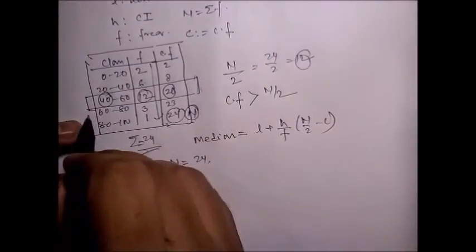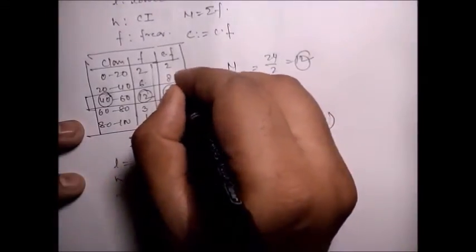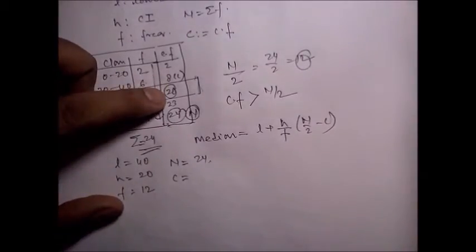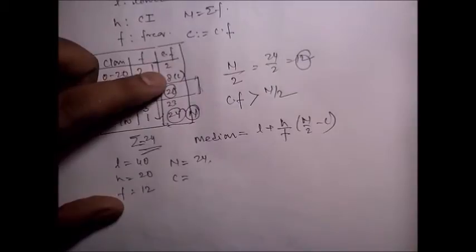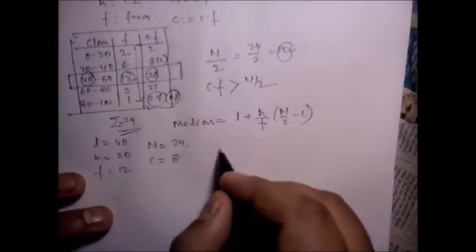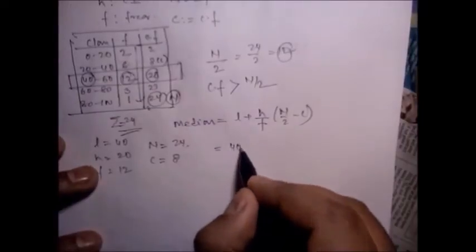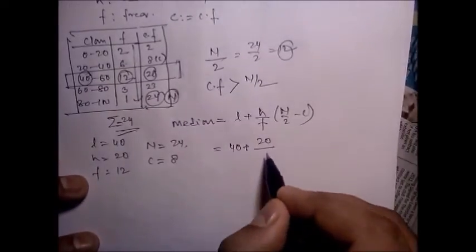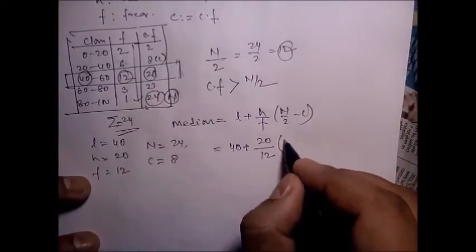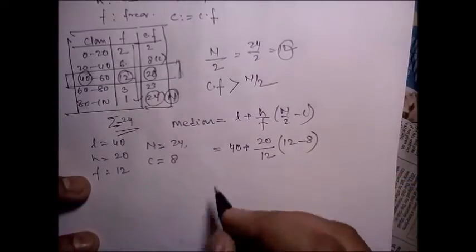So the median class is this, so C is nothing but this one, the preceding cumulative frequency of the median class. So C is equal to 8. Just calculate this. L is 40 plus 20 by 12, n by 2 is 24 by 2, it is 12 minus 8.